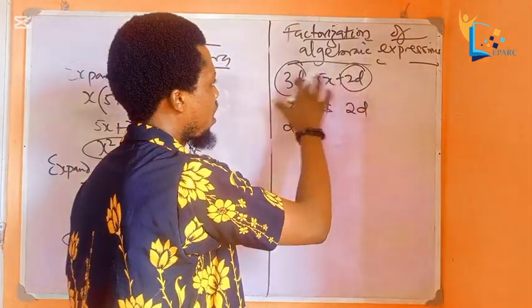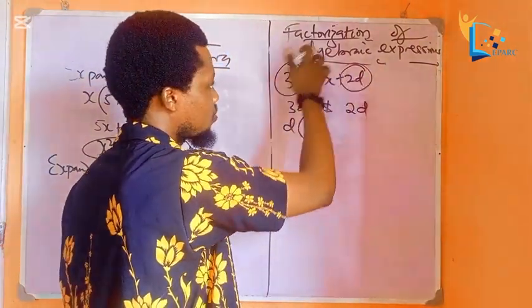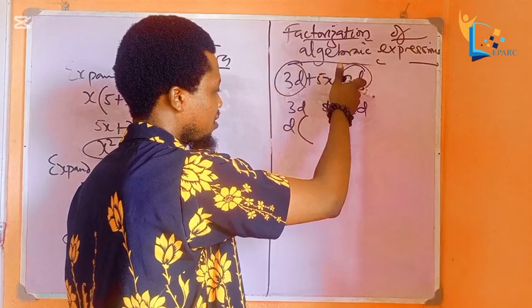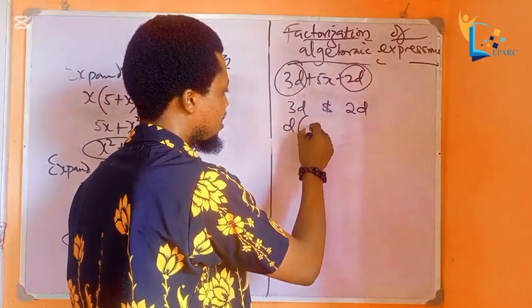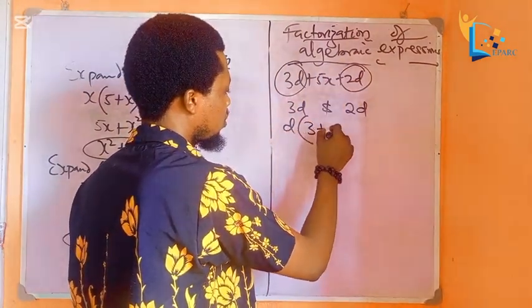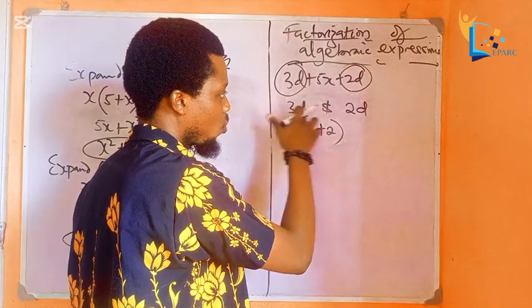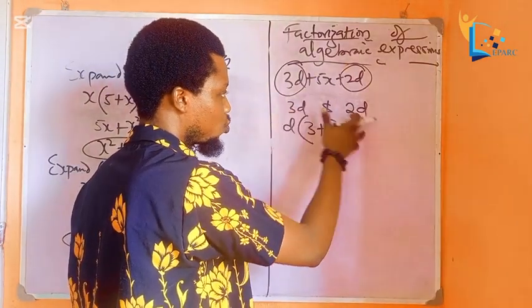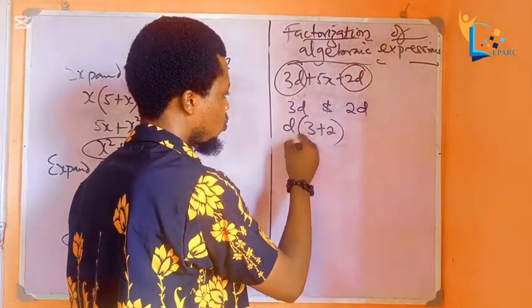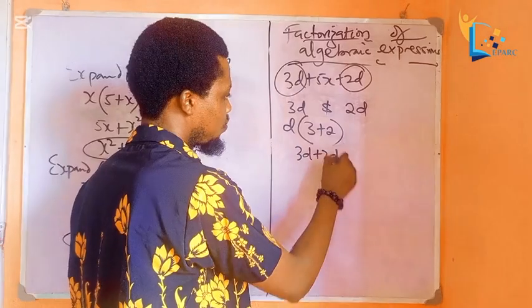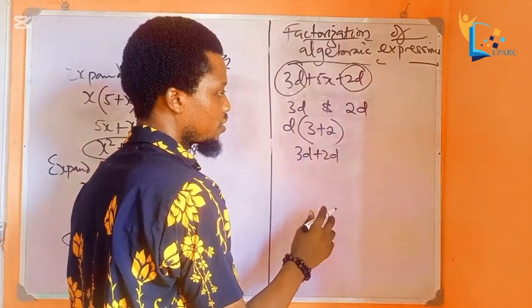So if we are looking into these two cases now as factorization, we'll say d times (3 plus 2), because there is a common factor between the 2d and 3d. Okay? So if we bring this out again, we have 3d plus 2d. Do you understand?